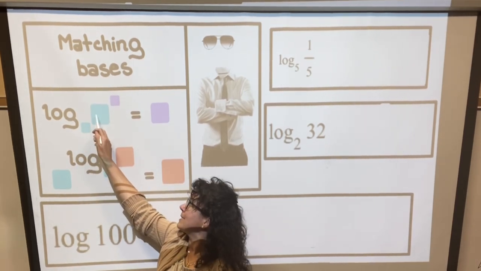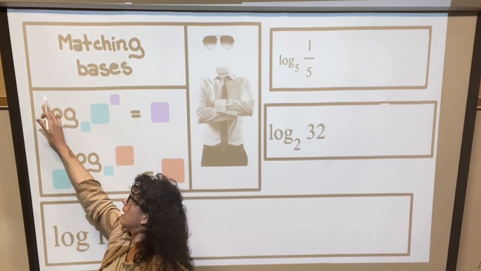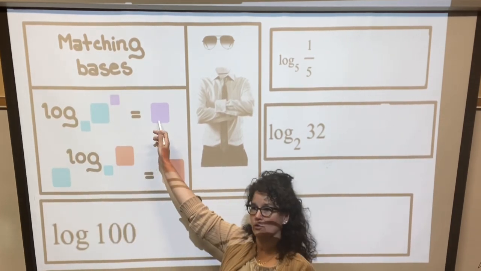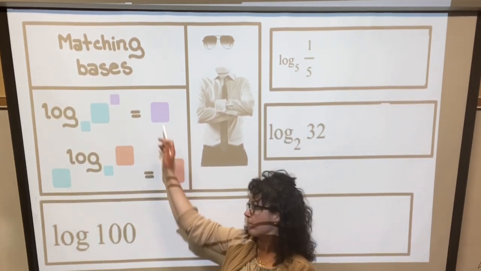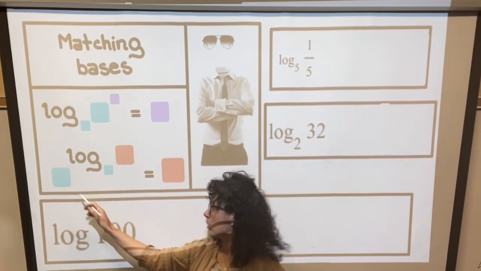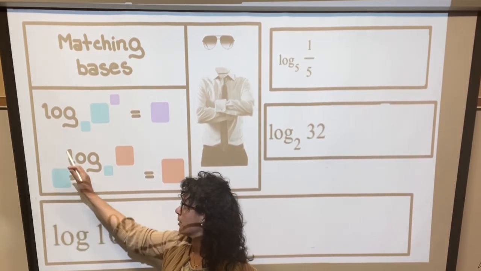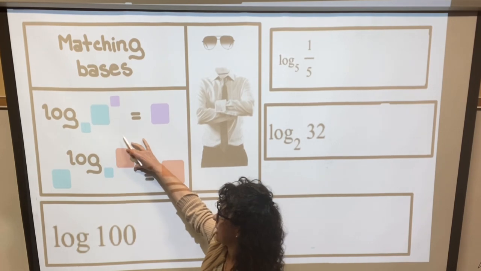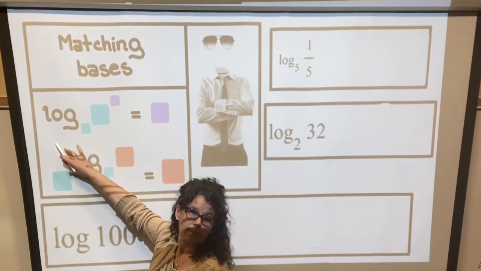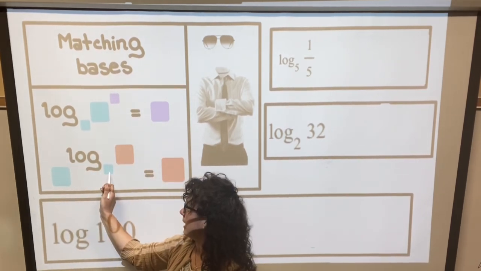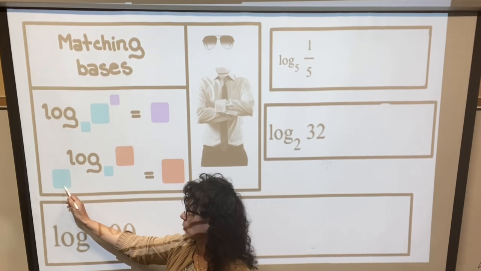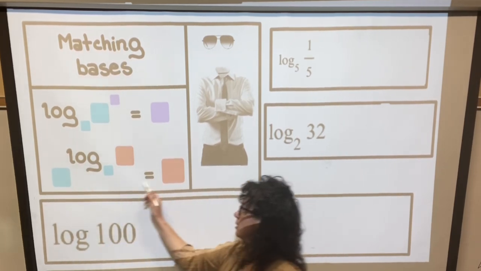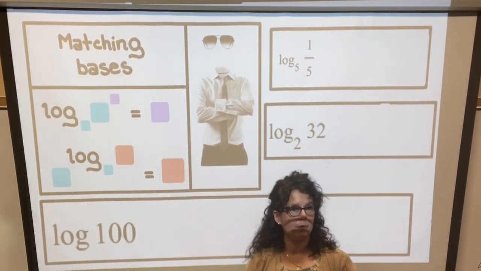When these bases match, all of that goes away and the answer is the exponent. Then this one here, here's my base number. All of this is in the exponent, but that's a base and that's a base. So when the bases match, we get just that guy right there.